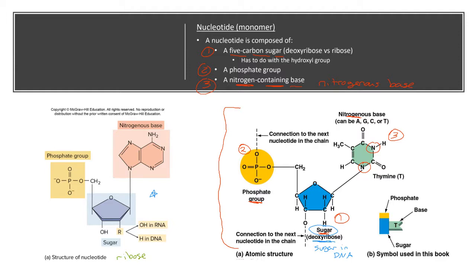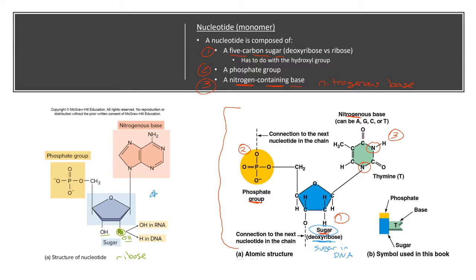Same sugar, except that in here, instead of having an H, we're going to have another OH. So one OH here, one OH here. Now we made ribose. That's the only difference between a ribose sugar and a deoxyribose sugar. So far so good. All right, that's one thing.